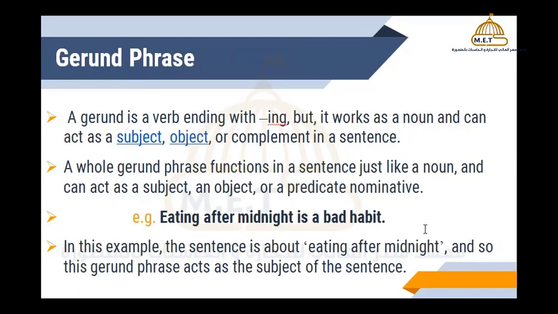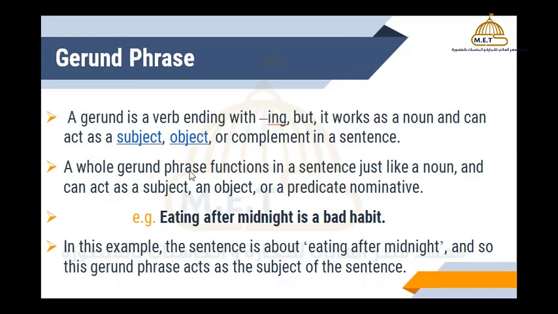The third type is gerund phrase. A gerund is a verb ending with ing, but it works as a noun and can act as a subject, object, or a complement in a sentence.